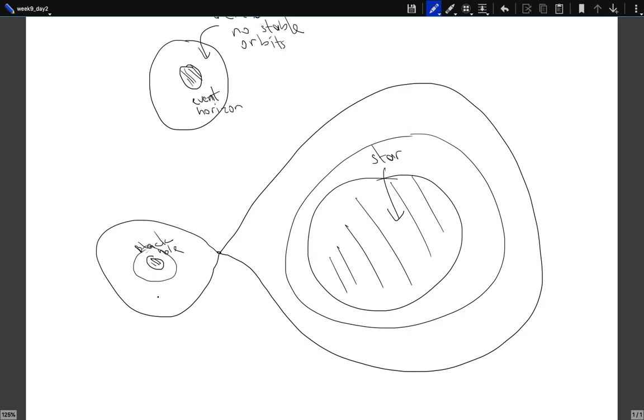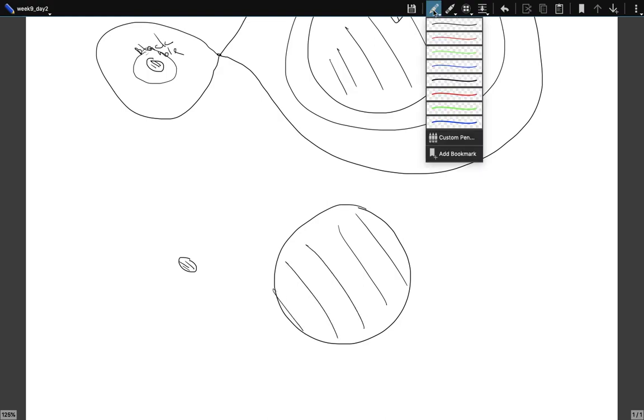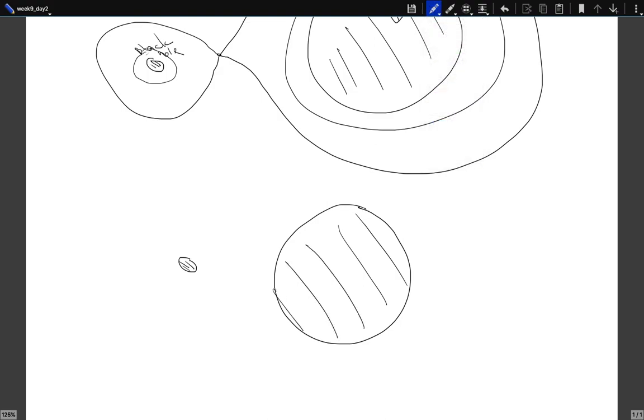So, let's ask what happens if the black hole and the star come even closer. There comes a distance where here you have the black hole. Here is the star. And here is our equipotential surface.